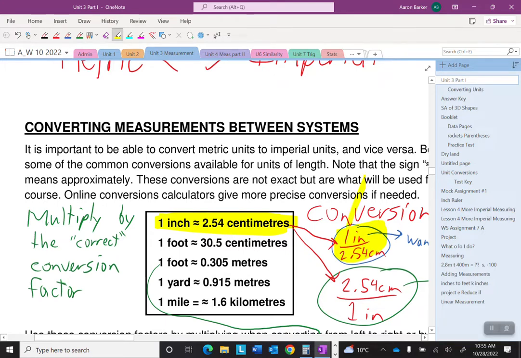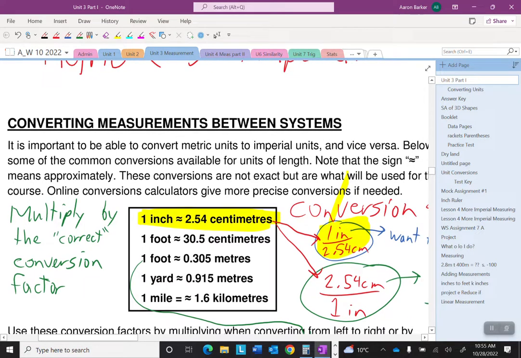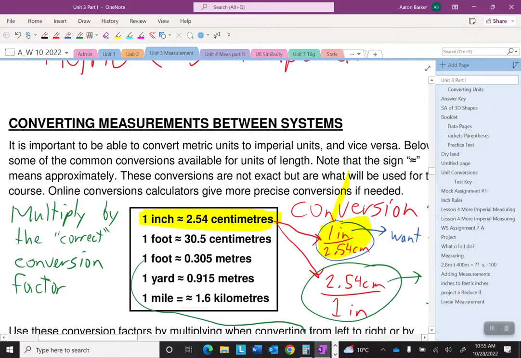Okay. So you can use that as your conversion factor. But you might not need that one, so you won't make that one. You might take this conversion factor and have it flipped. So the conversion factor you need is 2.54 centimeters over 1 inch.